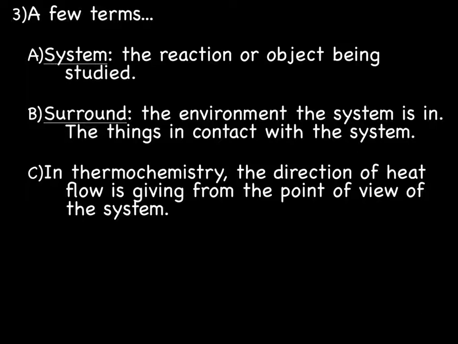In thermochemistry, the direction of heat flow is given from the point of view of the system. So are we talking about heat flowing out of the system into the surround, or heat flowing into the system from the surround?